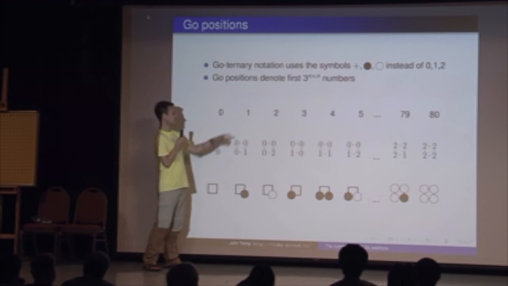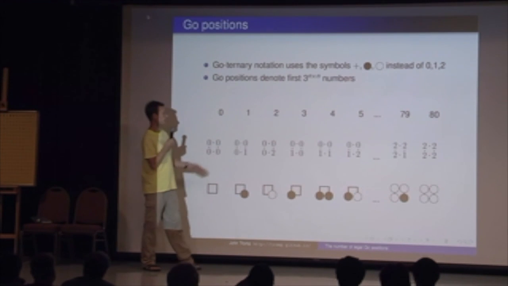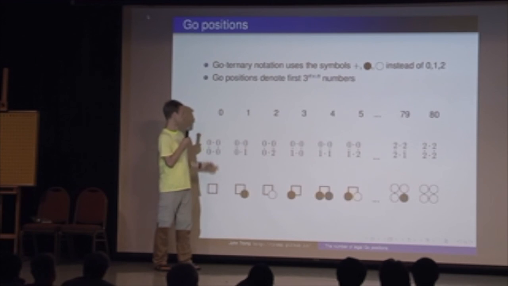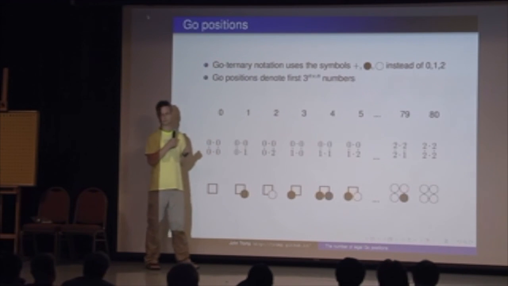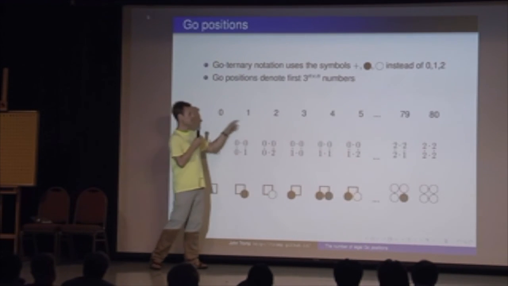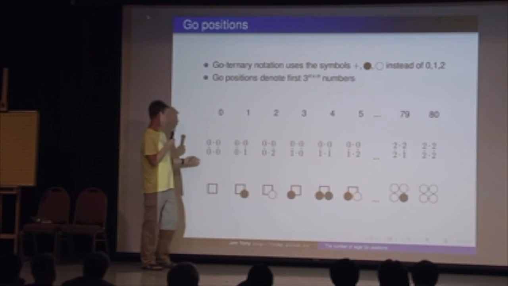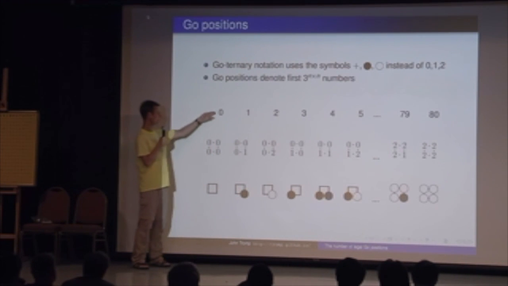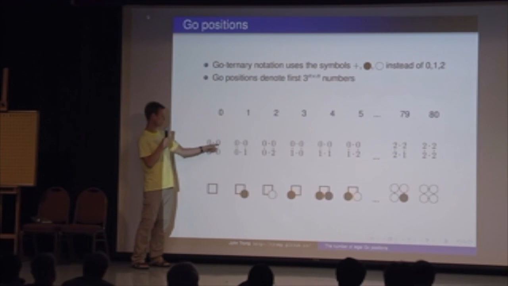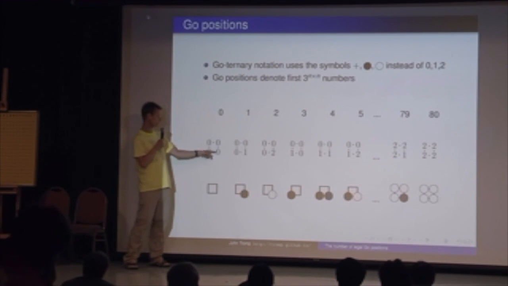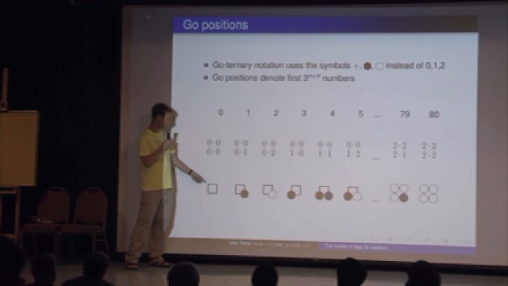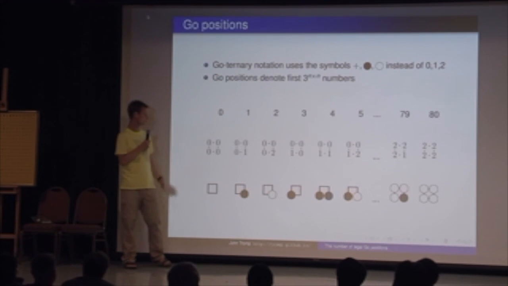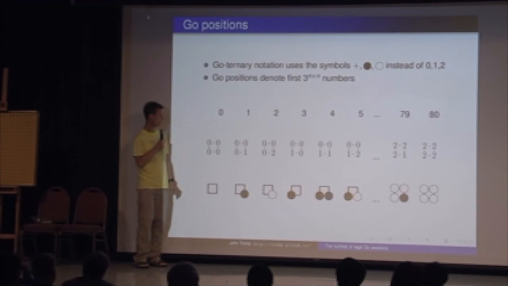We can then see an easy correspondence between the first 3 to the n squared numbers, like for n equals 2, the numbers 0 through 80, and Go positions. We can write the number 0 in ternary as 0000 using 4 ternary digits, and we just replace them by empty, empty, empty, empty. So 0 is the empty position.